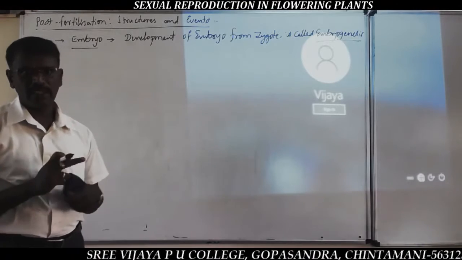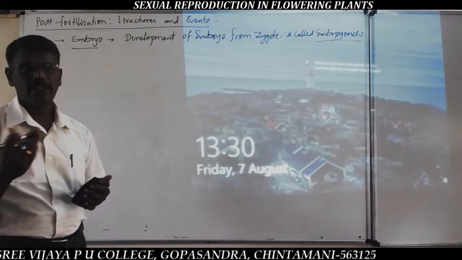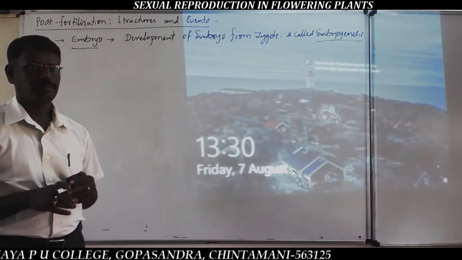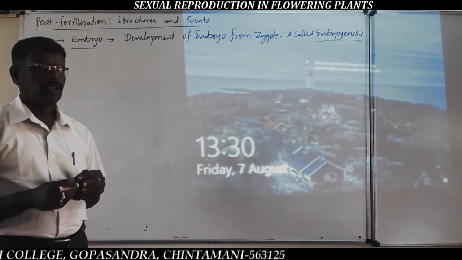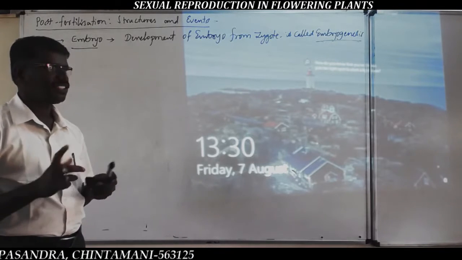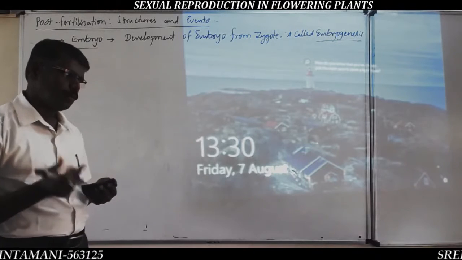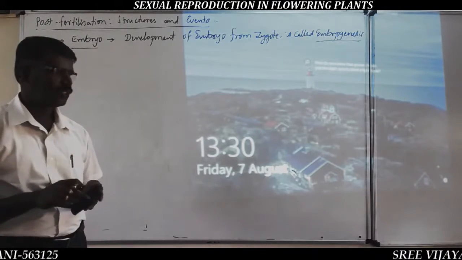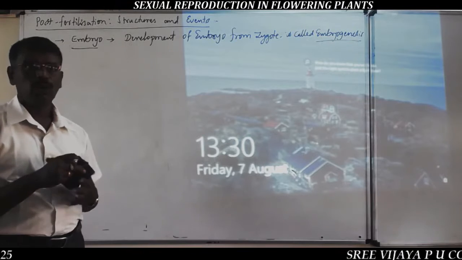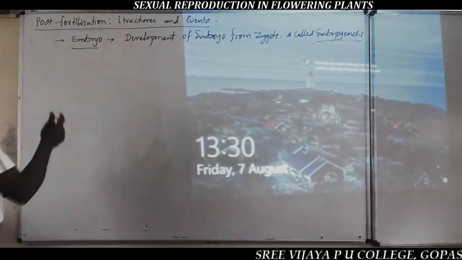But structurally it is different. Based on the structures, the embryo of dicot and monocot varies. So how is the embryo formed from the zygote?